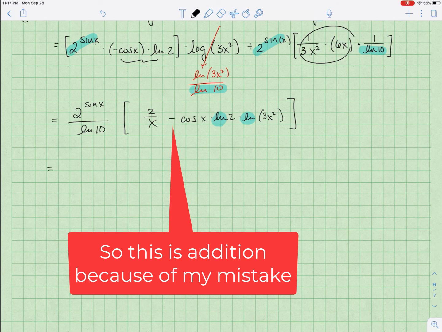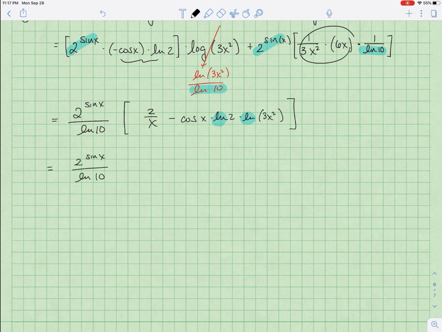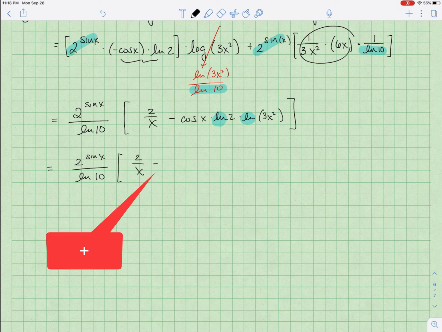Now I'm just rewriting what I already have, making this video longer. 2 to the sine x power over the natural log of 10 times 2 over x minus cosine x times the natural log of 2 times the natural log of 3x squared. Gross. Ew. But that's the answer.